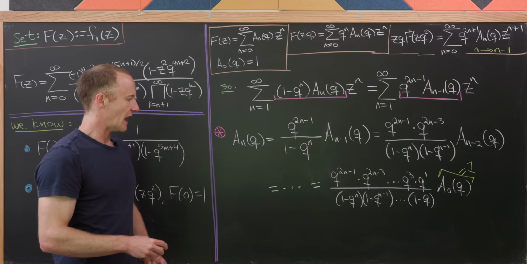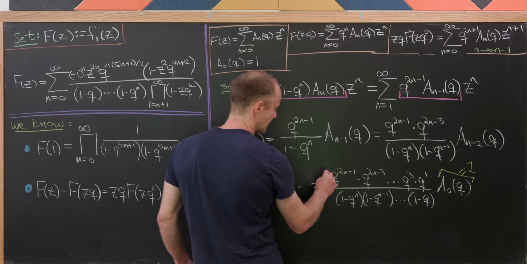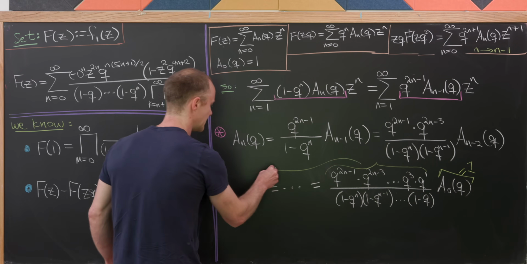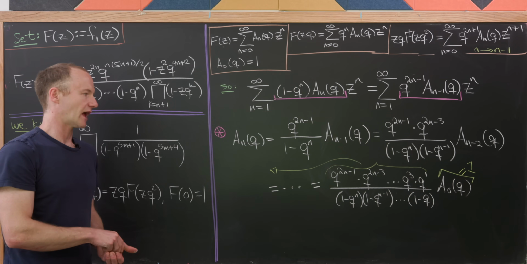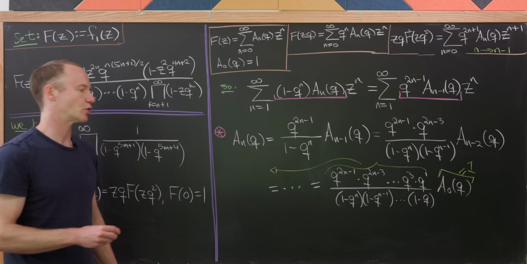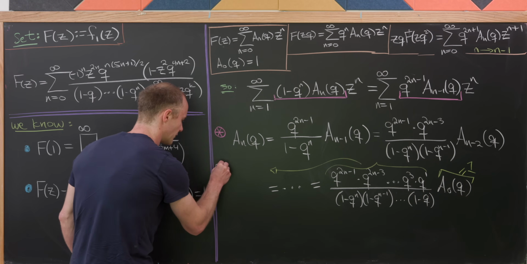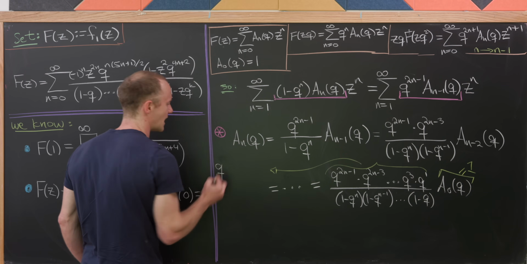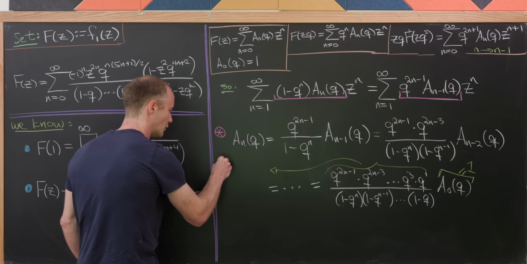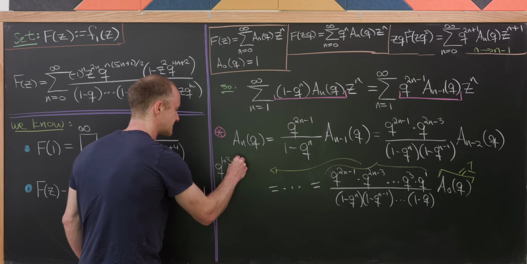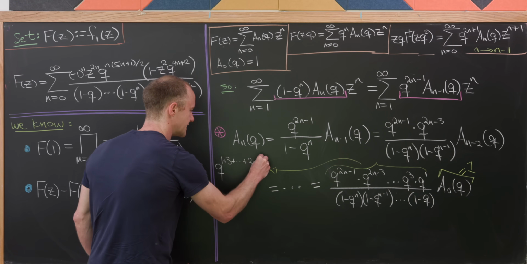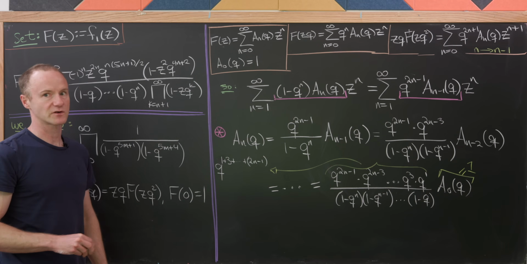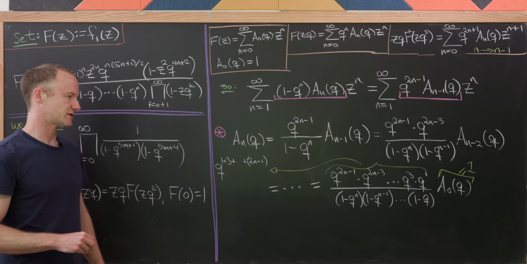Okay. And then we can do a bit of simplification here as well. Notice that we can take everything in the numerator and push it together into one term. So that'll be q to the, actually maybe I'll reverse the order, 1 plus 3 plus dot dot dot up to 2n minus 1. So in other words, the sum of the first n odd numbers.